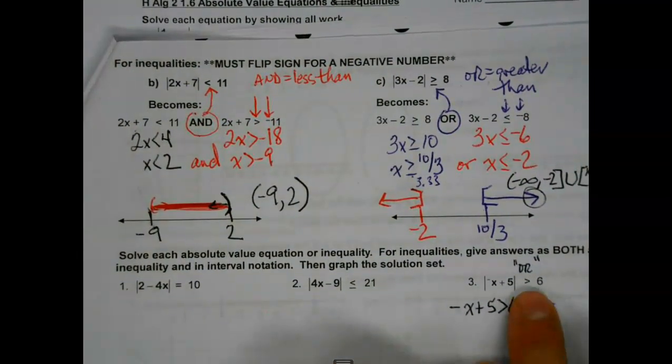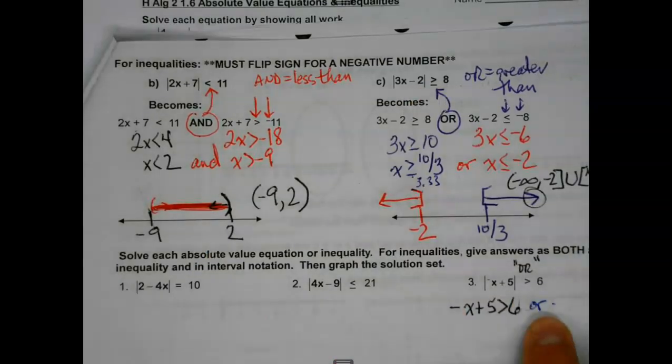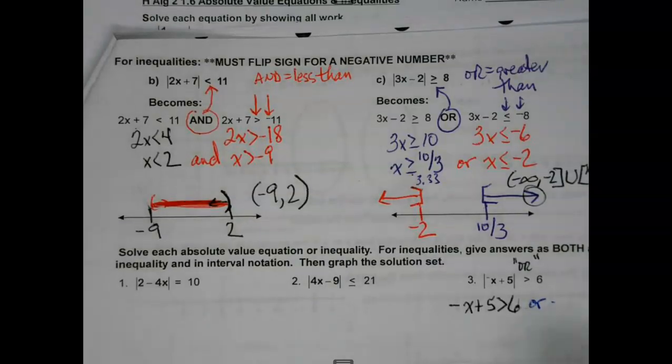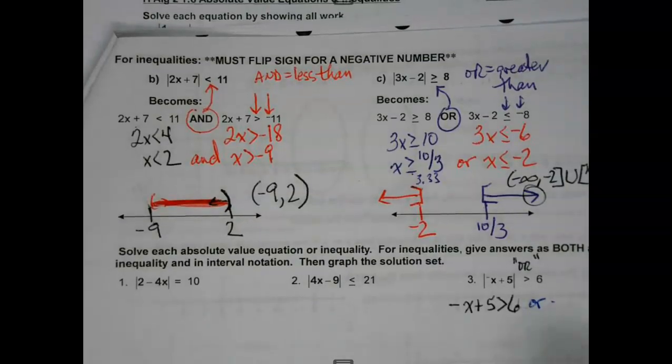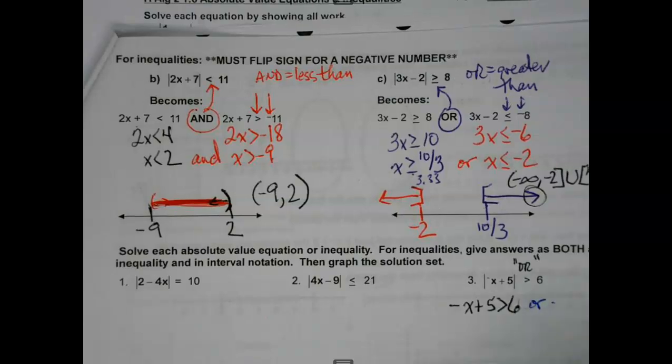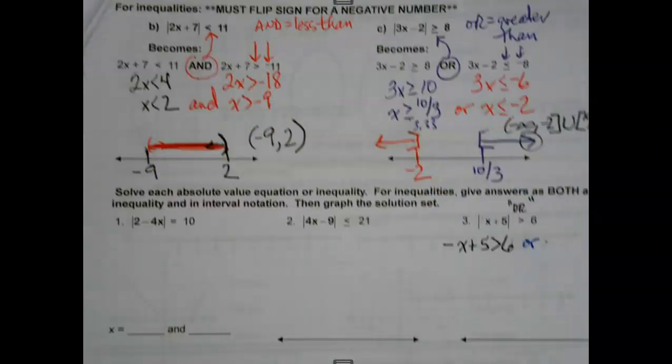Yes, greater than or equal to is going to be an or. Any greater than that you get into is going to be an or. Yeah, the or equal to part isn't going to matter on the and or. It's just whether it's greater than or less than when we're doing those.